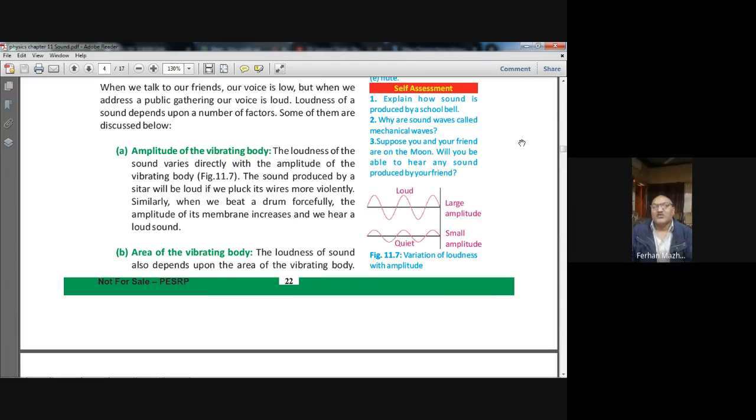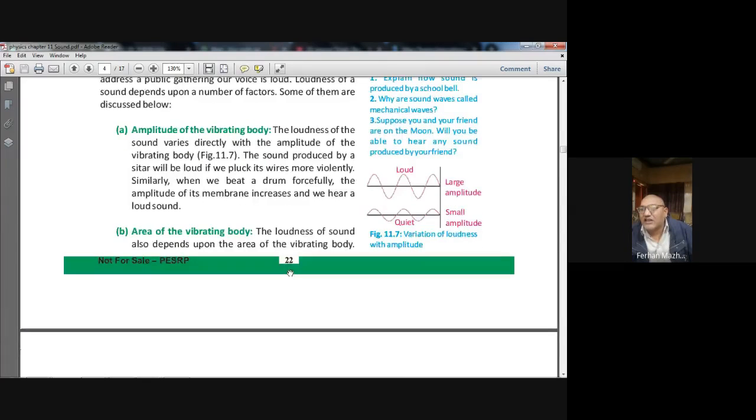So the loudness of the sound depends upon these two factors, which are about the body producing the sound. One, the amplitude of the vibration of the body. Second, the area of the vibrating body. The larger the area, the louder will be the sound.